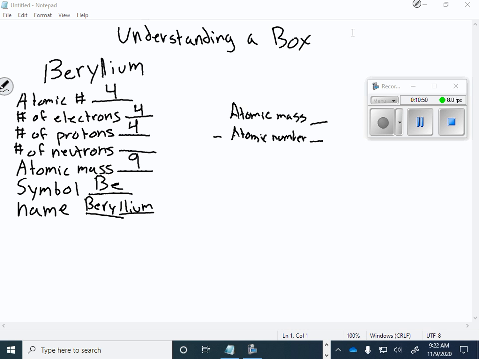So we have an atomic mass of 9 minus the atomic number of 4, and so the number of neutrons is 5. On the test, it will ask you to do something like that. That's the thing that people forget the most, is how to find the number of neutrons. Okay? All right. Let's do another example.